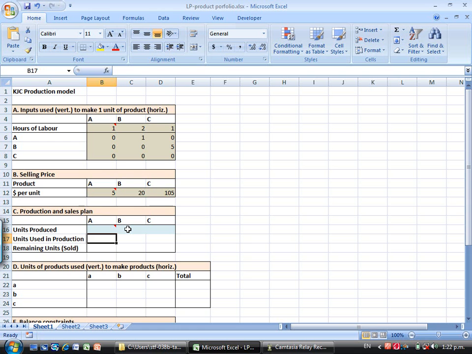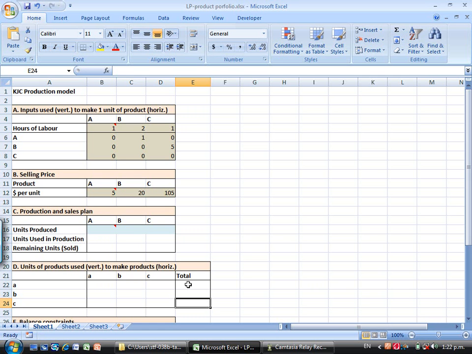Now, table D, this table here. What we're looking at here are the units of products to make other products. So what we need to do is actually figure out how many of each unit of product is used to make other products.